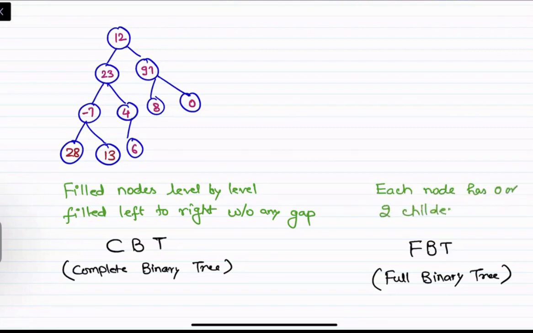And there is no condition that you have to fill left to right. Okay, is this making sense? So a full binary tree is a tree where each node has either 0 children or 2 children.